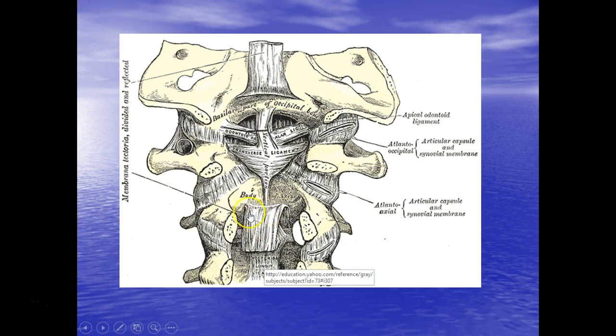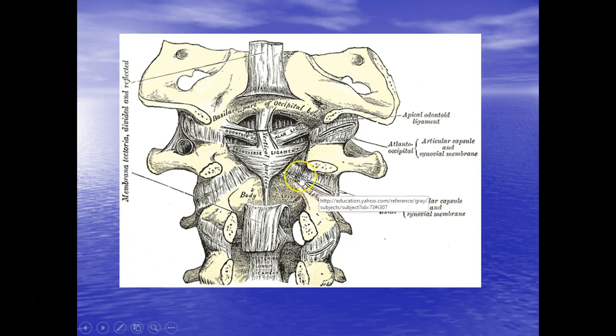In this case, the tectorial membrane has been cut and pulled back to reveal the deeper lying ligaments, the transverse ligament and the alar ligaments, but it would normally cover these ligaments, running from the posterior surface of C2 upwards to the basilar part of the occipital bone in front of the foramen magnum. It helps hold the dens, or the odontoid process, which is in front of these two ligaments, against the anterior arch of atlas.